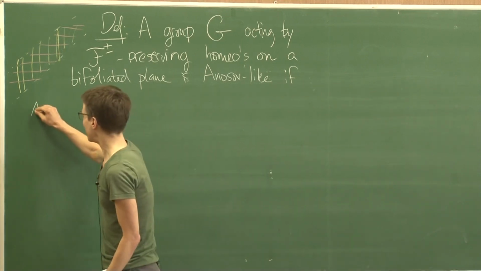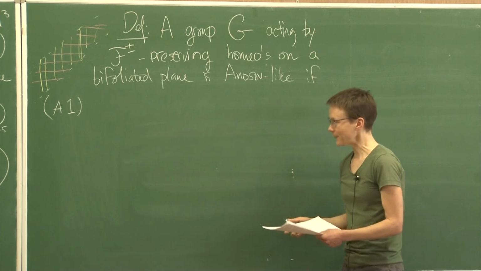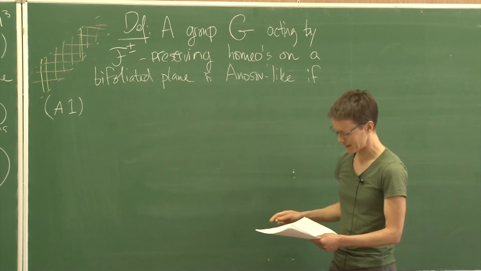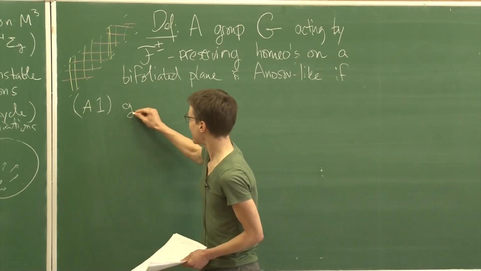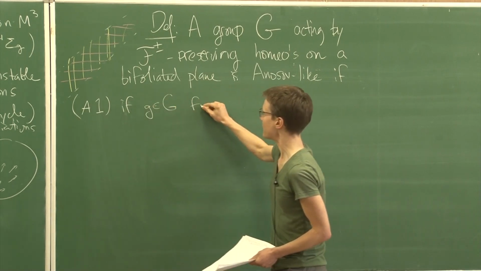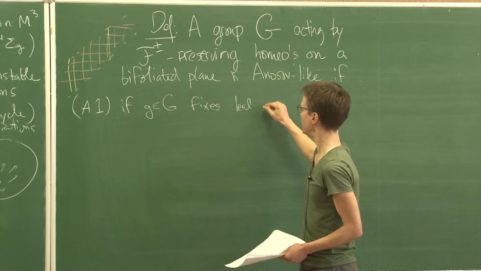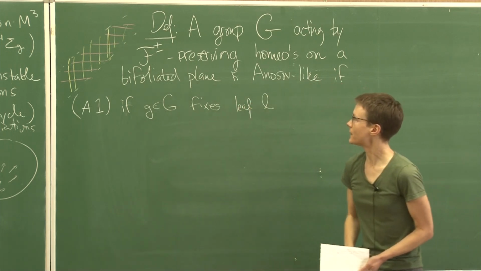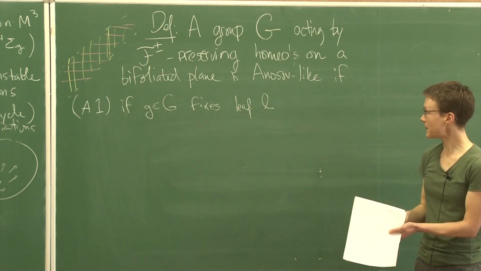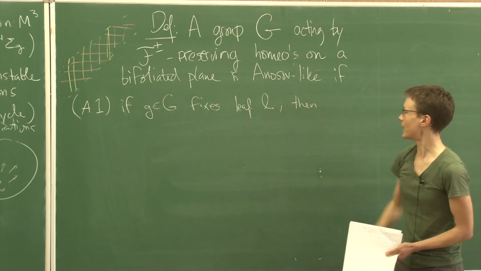Okay, so the first axiom is that there is some hyperbolicity. So what is this? If I have some non-trivial element in my group that fixes some leaf of either foliation, then the dynamics on this leaf, I'll draw a cartoon.